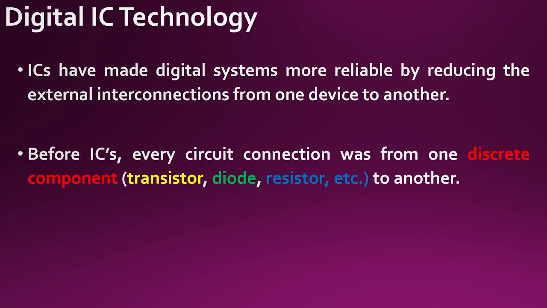Before ICs, everything was discrete. Even transistors, diodes, resistors were soldered on a printed circuit board. The size was bulkier, and more power consumption was there.